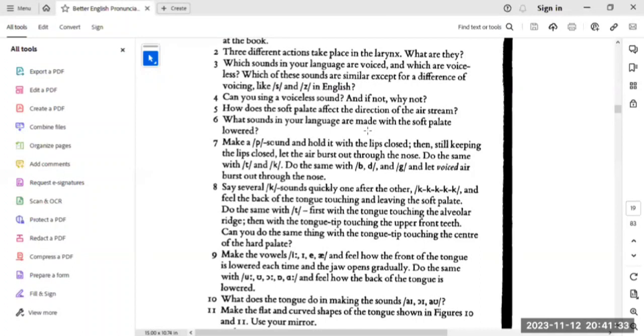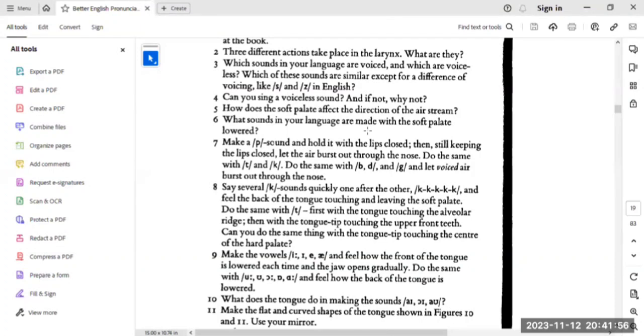Like voice and breath. Yes, the voiced one is right. Then if you stop, we call it what? Voiceless. No, the vibration is voiced. This one is by the larynx, but the voiceless is in the pharynx, right?